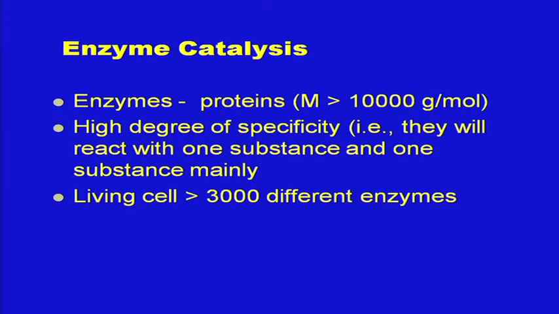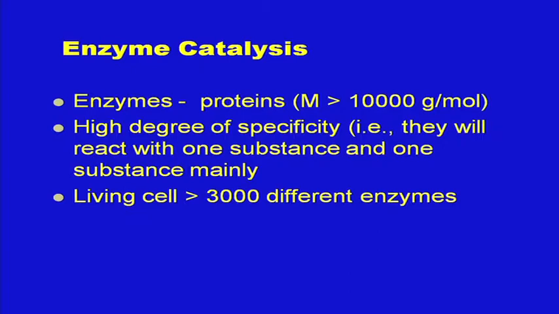Okay. Now, what are enzymes? Enzymes are proteins having molecular weight more than 10,000 gram per mole, that is 10 kilodalton, and they have a high degree of specificity. It is very specific. Okay. Specific means one enzyme will recognize a particular substrate, or maybe a group of substrates having some specific functional groups.